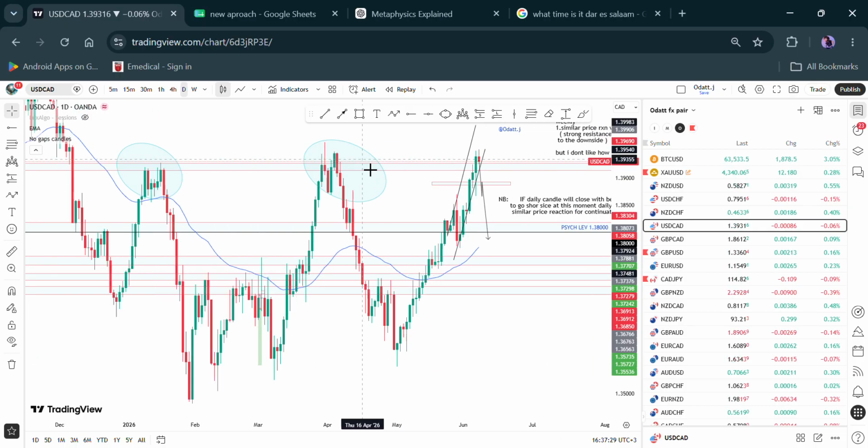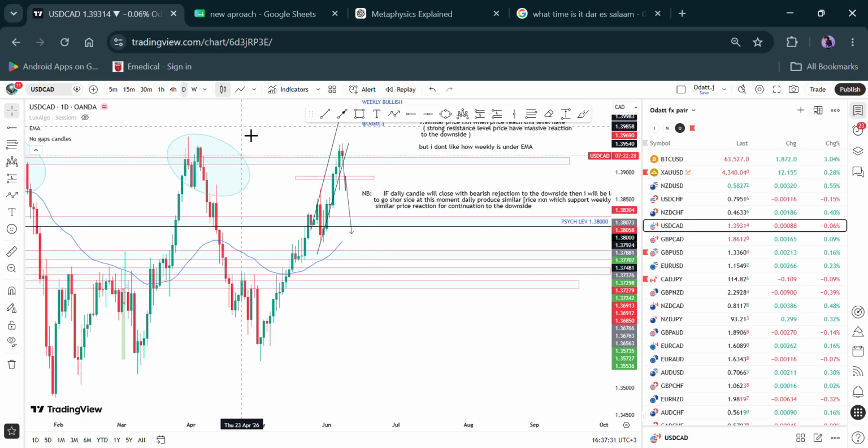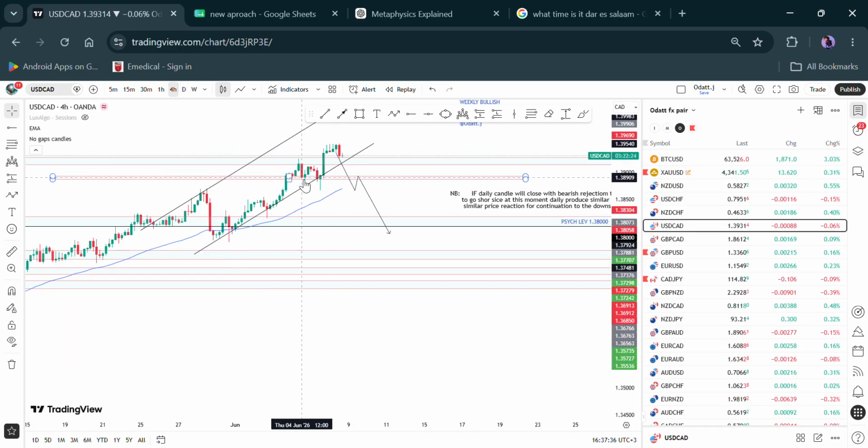So what I was waiting for is the 4H to create a break of structure. If we break and retest this area over here, that means the daily candlestick will have produced that bearish rejection candlestick from this area.